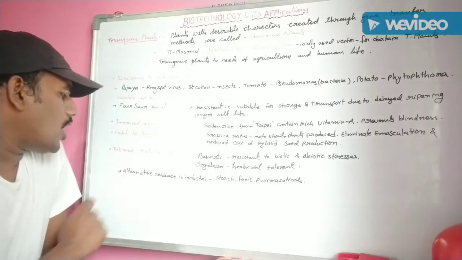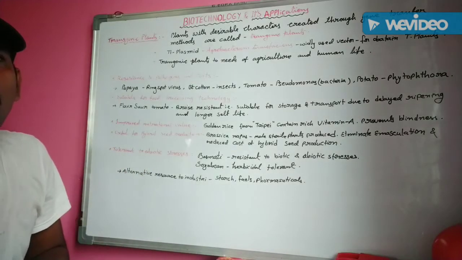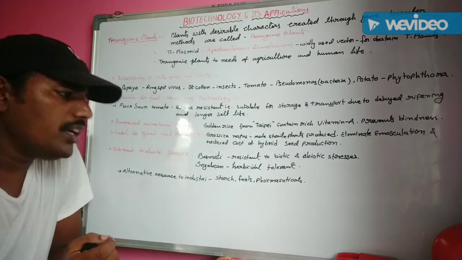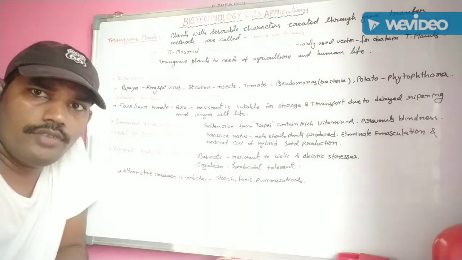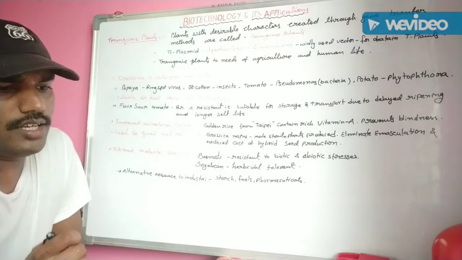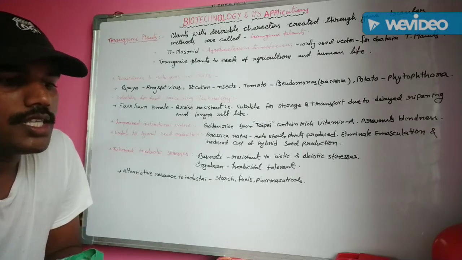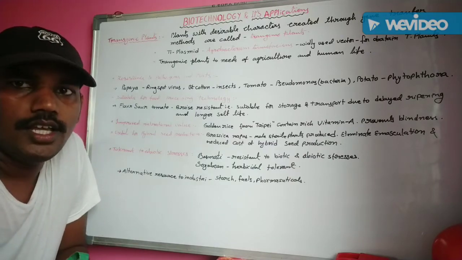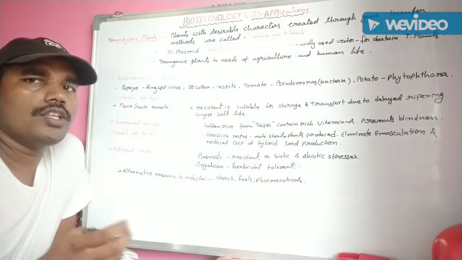One, the transgenic plants are tolerant to abiotic stresses. Two types of stresses are present: biotic stresses and abiotic stresses. Abiotic stresses means cold, drought, salt, heat, some other chemicals, etc. This type of stress is known as abiotic stress.